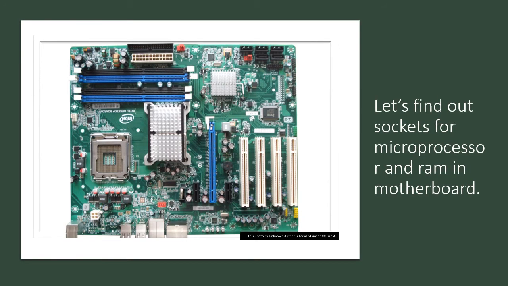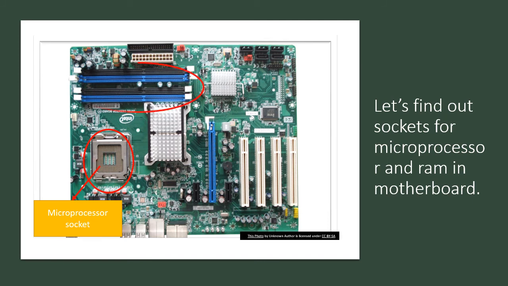Now let's find out sockets for microprocessor and RAM in the motherboard. We have already learned all the components are connected to the motherboard. Now here we can see this is the microprocessor socket. We are placing the microprocessor in this socket.